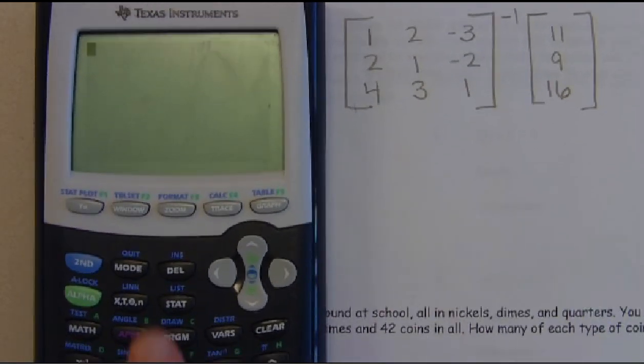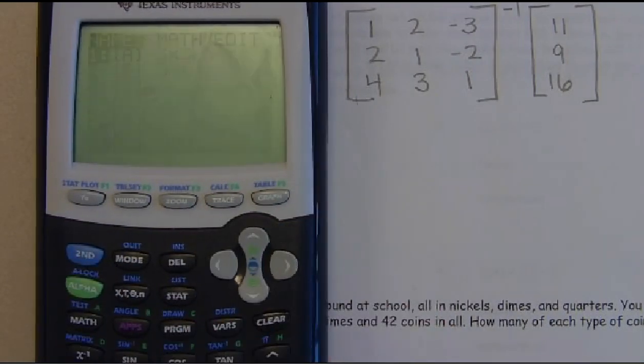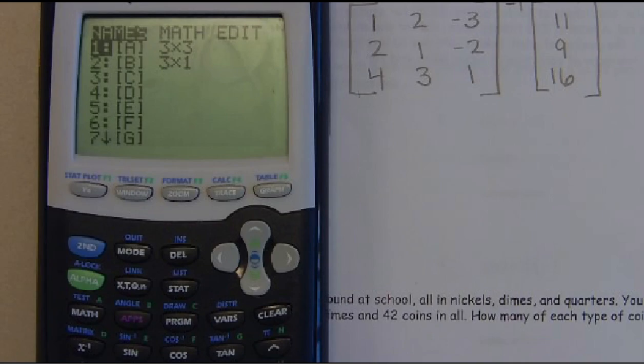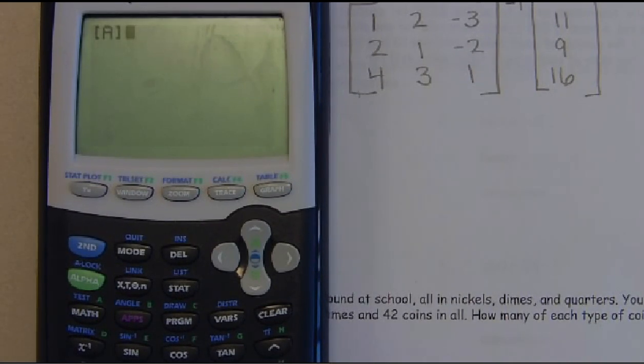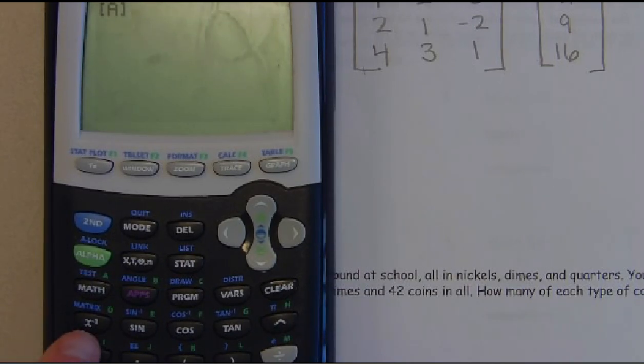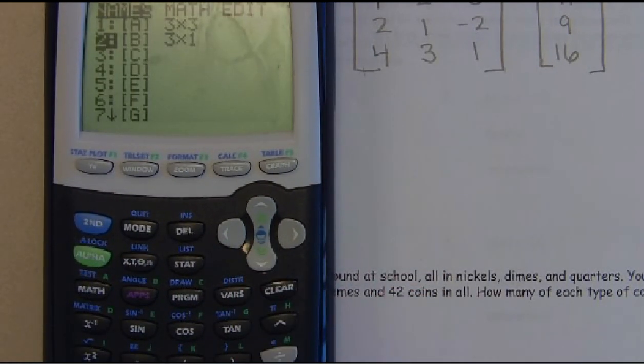Once I have a clear screen, I now am going to calculate the answer. So I go second matrix. This time though I stay under names, and under A I hit enter, and then I have to take the inverse of that, and the inverse is this button right here, this X to the negative 1. So I hit that button. Then I go second matrix again, down to B this time.